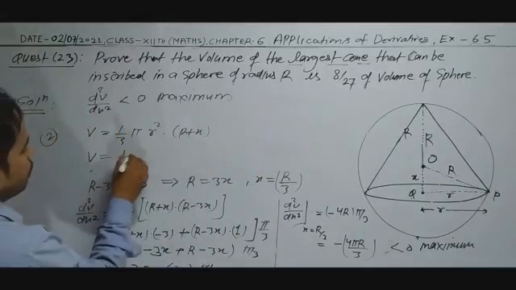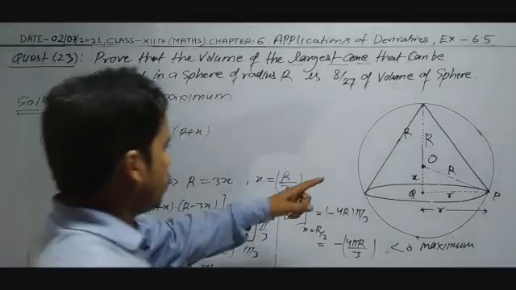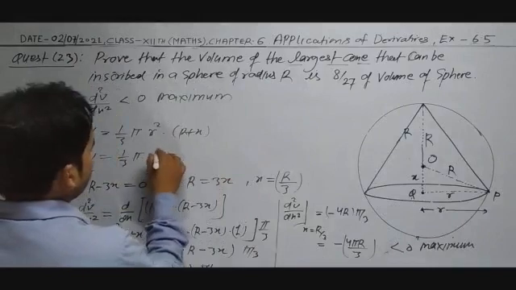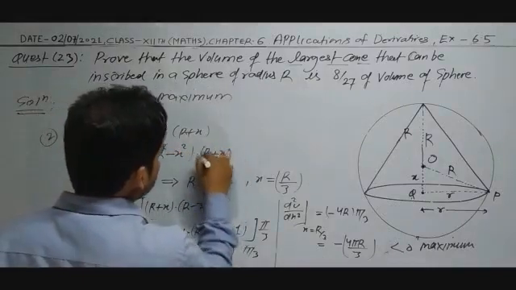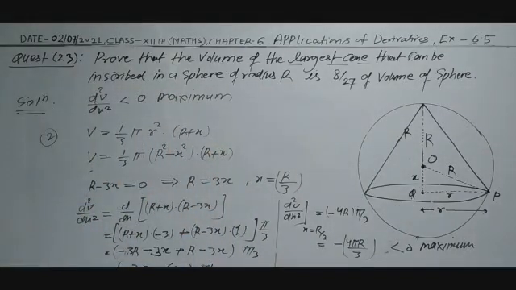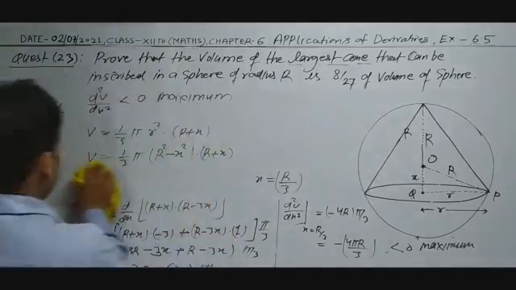So v is equal to 1 by 3 pi into small r square, where small r square is equal to capital R square minus x square, with height r plus x. So you have to put the value of x. What will be the value of x? The value of small x is r by 3.